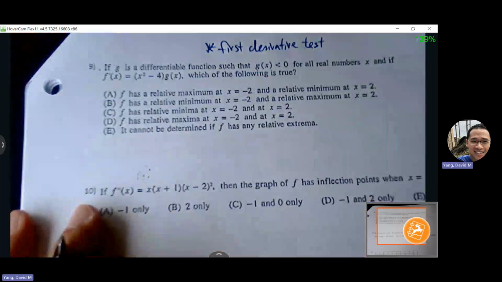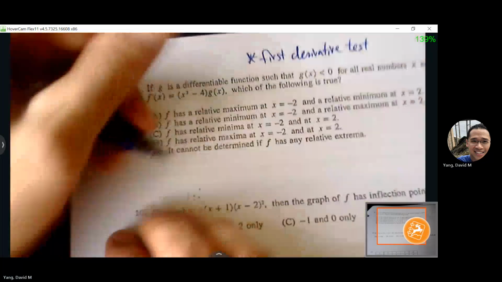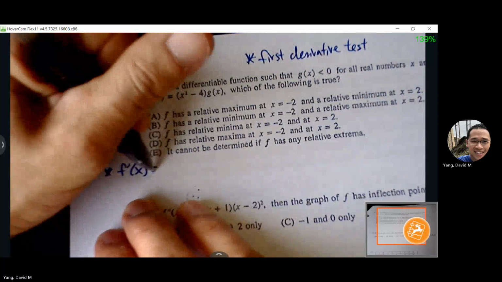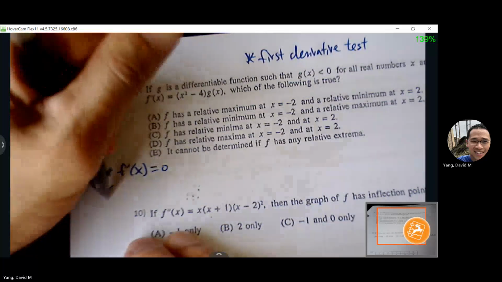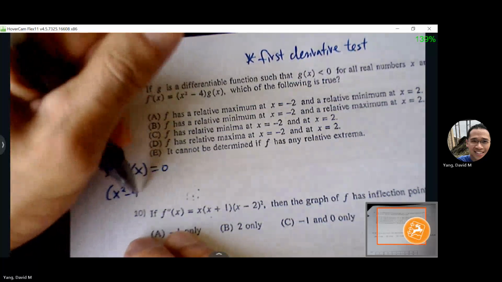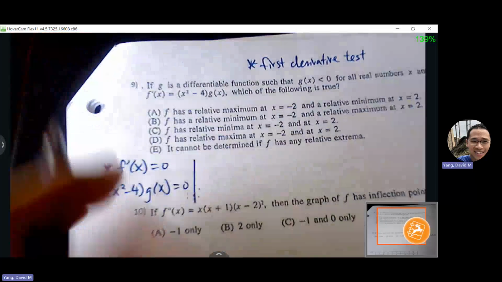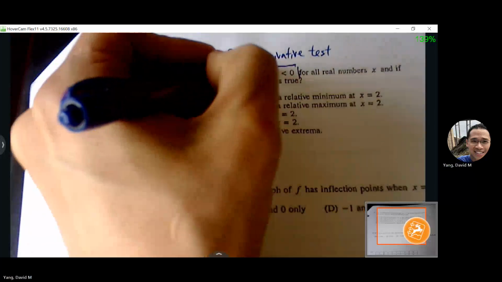We'll set f prime equal to 0. We don't have to worry about g of x because we know g is just going to be some negative number.